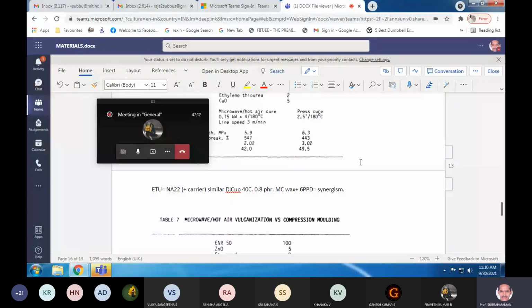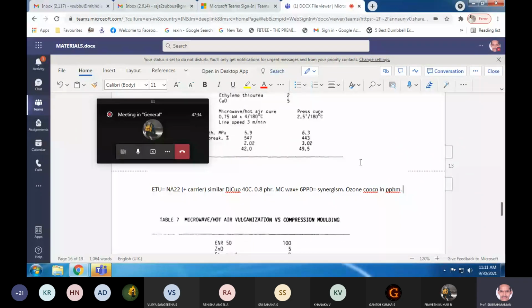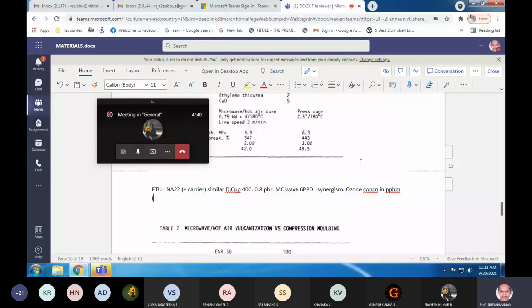And ozone is why it is considered deadly. The concentration of ozone in pphm, parts per 100 million, meaning the concentration can be 40 to 100 pphm. So this is the concentration at which it is tested in the laboratory.